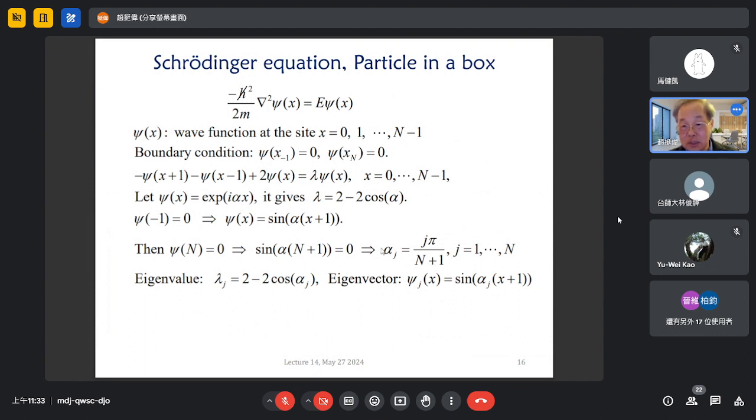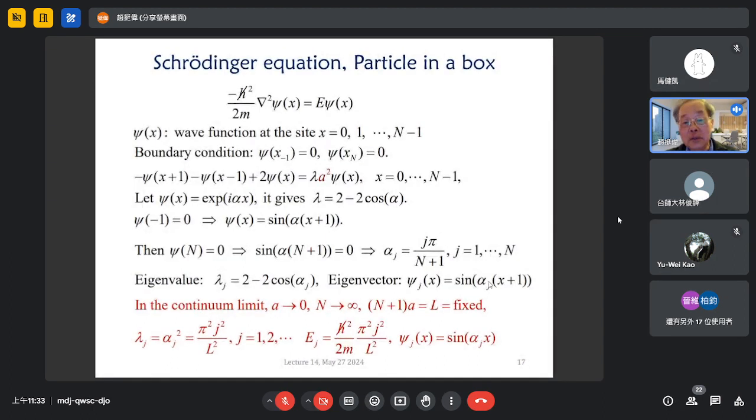So you have n values of alpha such that this equation is satisfied. So I get the eigenvalues and the eigenvectors for a particle in a box with n sites.